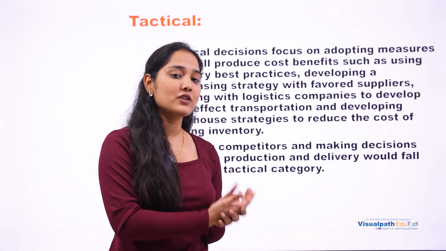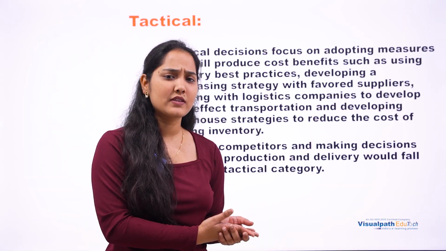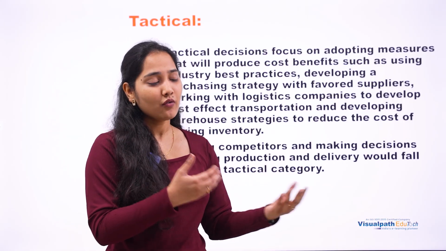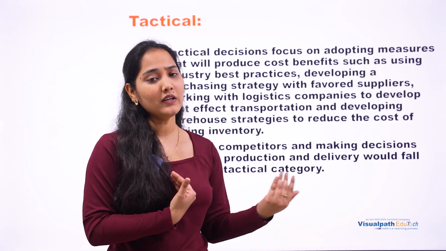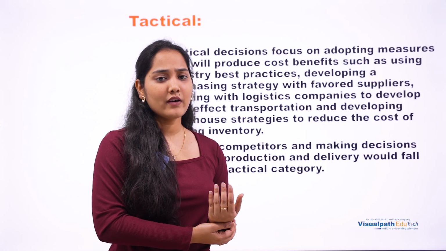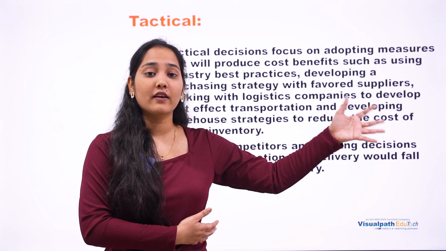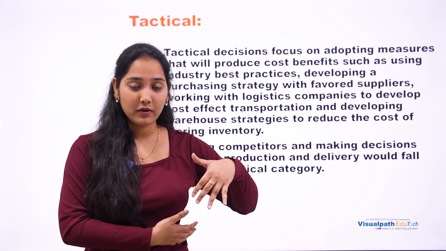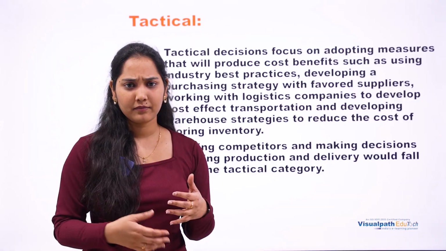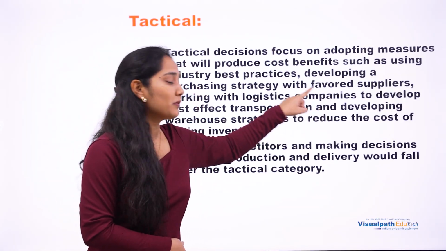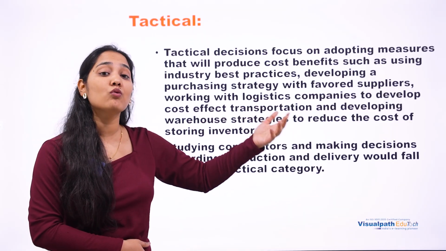I need to make strategies or make a partnership with those suppliers, or get them into a contract in such a way that we have a good bond between each of us, right? So whenever I need some product, I can just call my suppliers and they are ready to help me, depending upon the demand of the market. I need to have a strategy with my favorite suppliers so that I don't lose them.